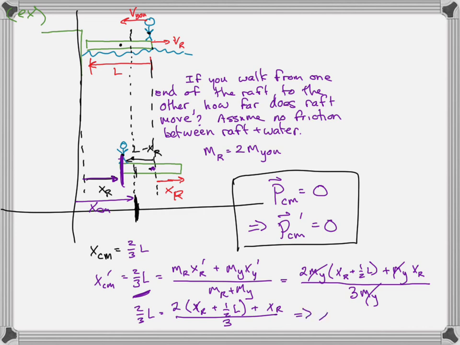So solve for x raft. It's easy algebra. Do the algebra, and you find x raft is L over 3. Check. That's what we found before, and this was from a simple center of mass point of view, conserving the momentum of the center of mass.